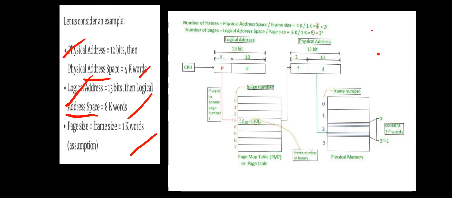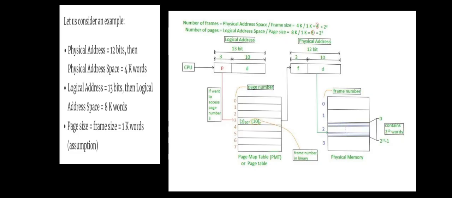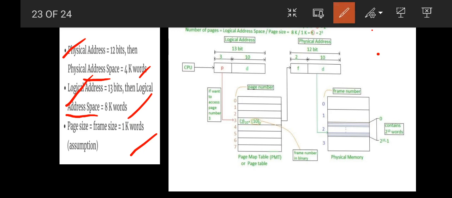Since we're using binary bits, 4 can be converted to 2 raised to the power of 2. So your number of frames is 4, from 0, 1, 2, 3.